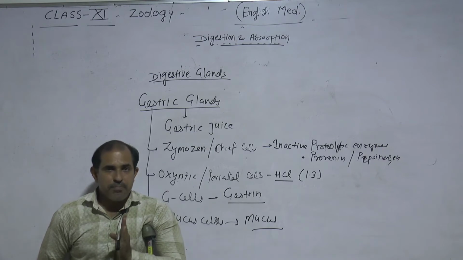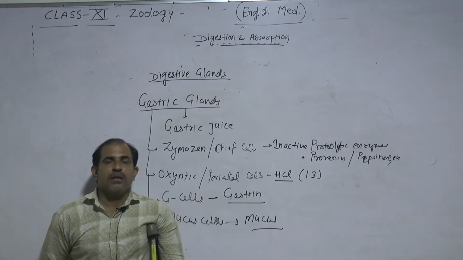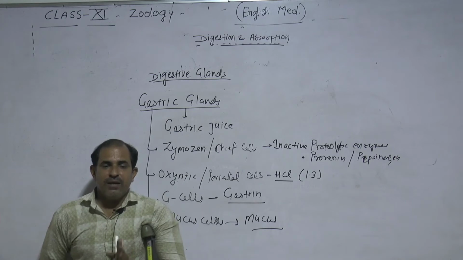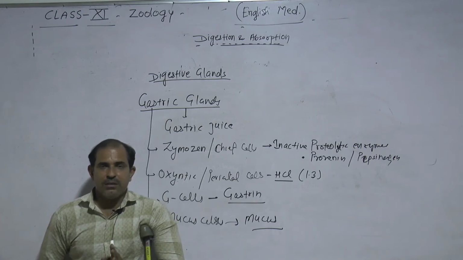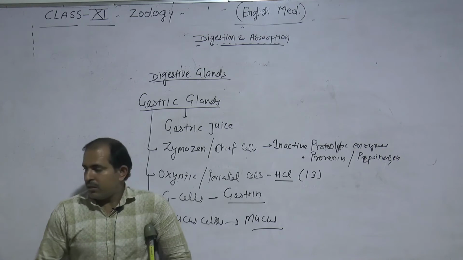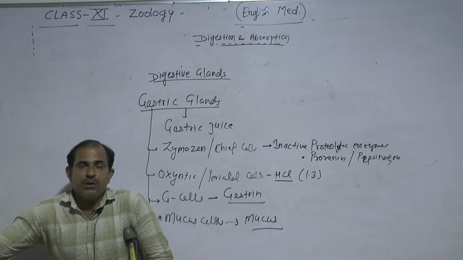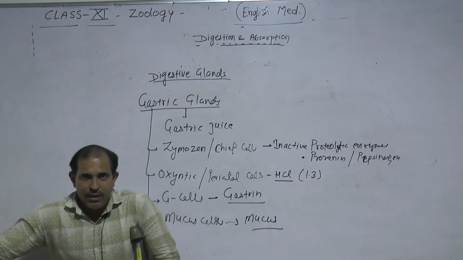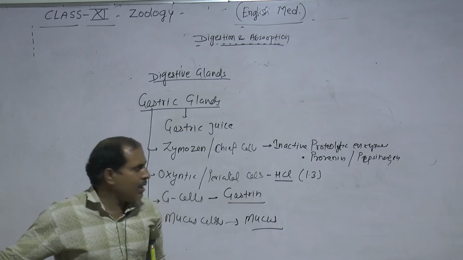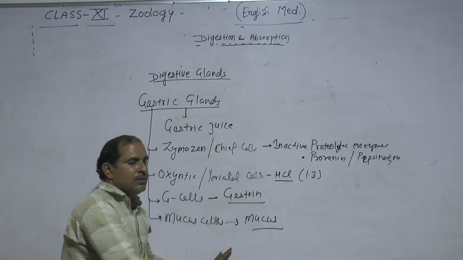Because the thick mucilage layer prevents the stomach wall from the HCl. HCl is a very strong acid in the stomach. It can damage the wall of the stomach, but the wall of the stomach is not digested or damaged by HCl due to the presence of a thick mucilaginous layer, and this layer is secreted by these mucus cells. So these are the gastric glands.